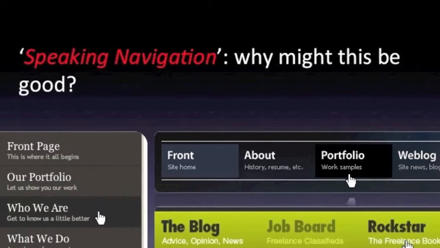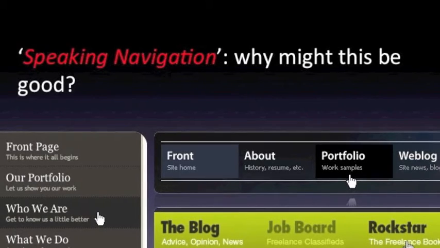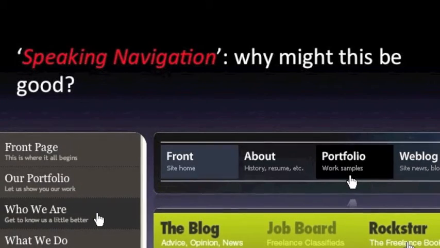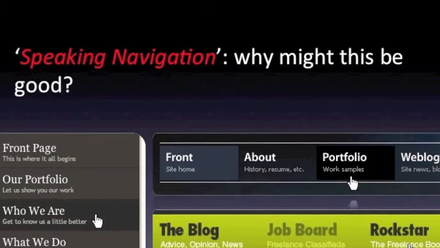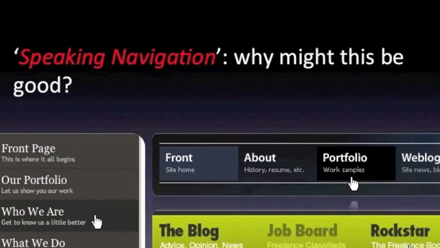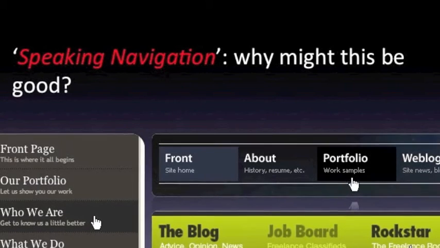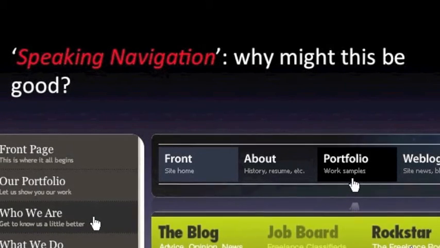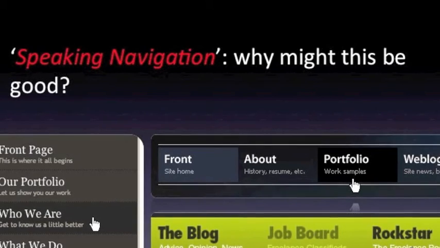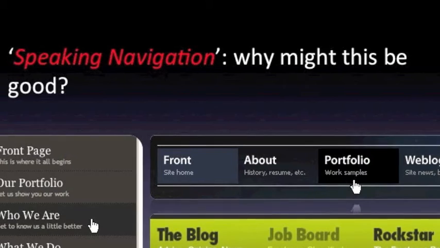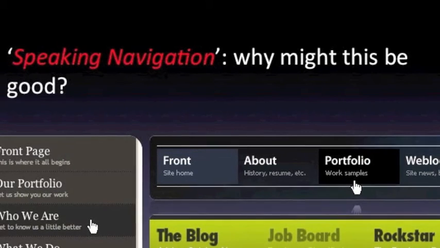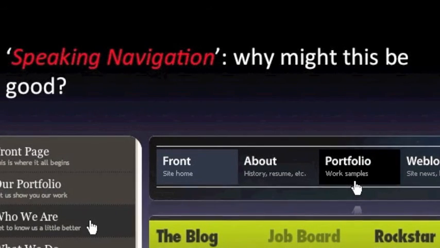Now I really like some of these examples because you might have about, and underneath that you might have history, resume, etc, etc. And I've accessed a million websites in the past where I've tried to get to a bit of information and presumed it would be under one particular button. And I've looked at that page and it's been a bit of a waste because it's not there. So adopting this speaking navigation can really make the user experience a bit more user-friendly, a bit more easier.